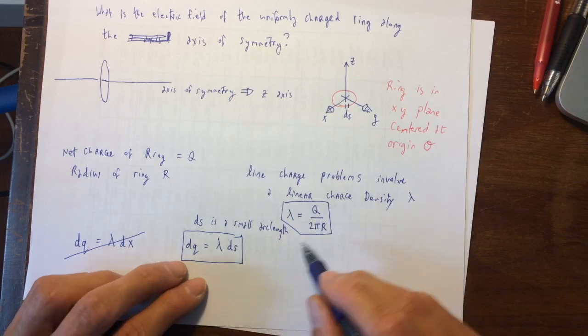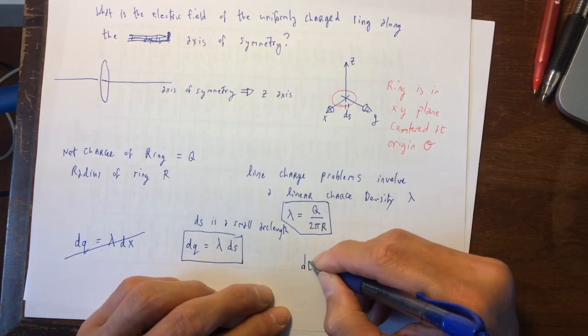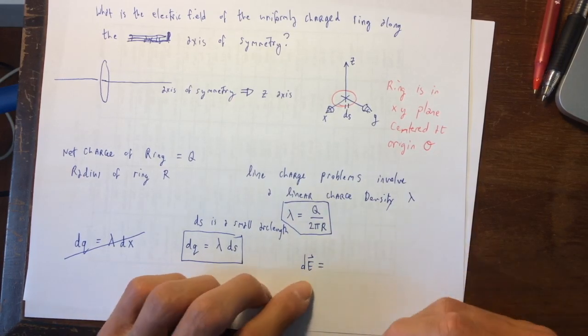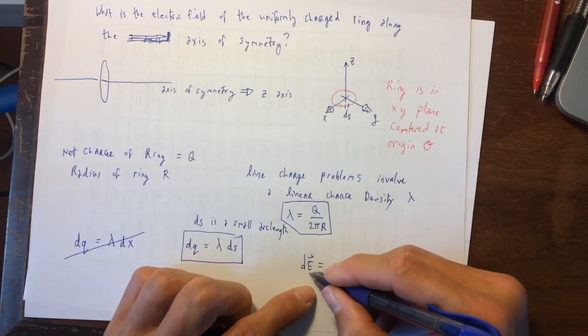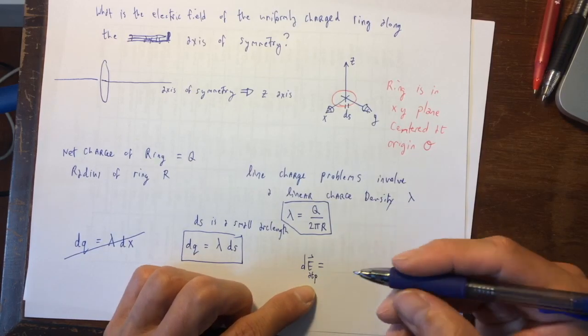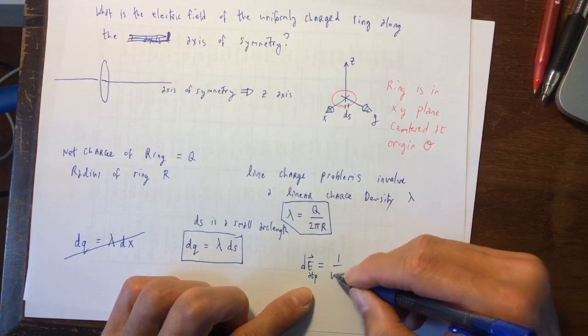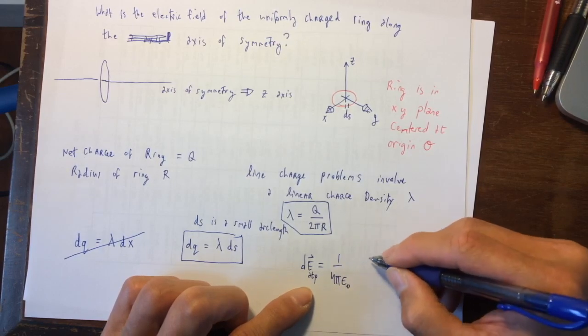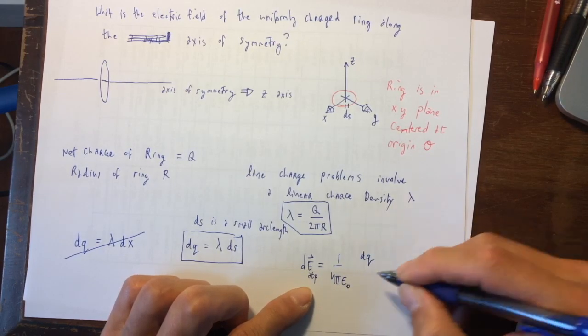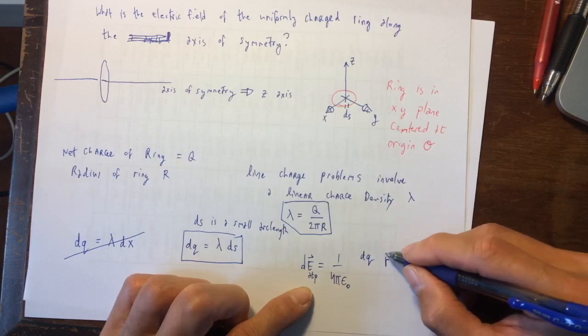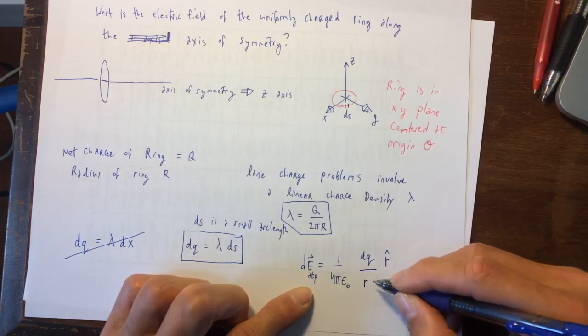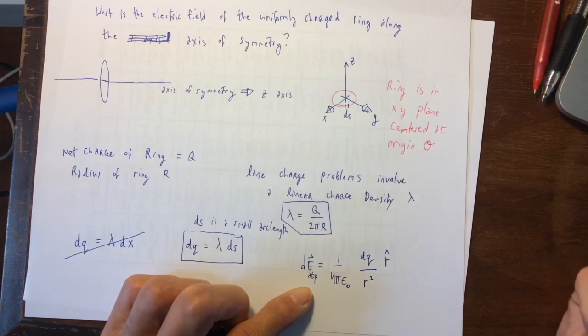So this is all so that I can do the following, right? The small contribution to the electric field at P is going to be 1 over 4 pi epsilon naught dq, the small amount of charge, times r hat, over r squared.